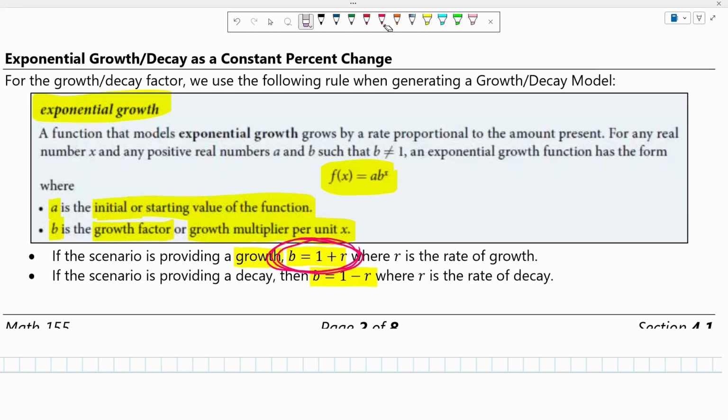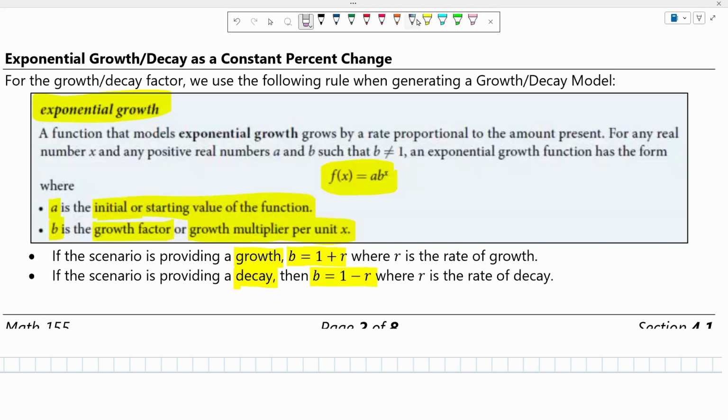If you are decaying, if things are going away, then you're going to be using this one: 1 minus that percent. So whenever you look at these kinds of problems, you need to look at whether your scenario is growing or decaying, whether things are growing or going away.